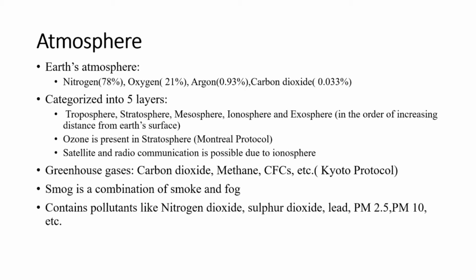Above the stratosphere lies the mesosphere, which is the middle region of the Earth's atmosphere. Above the mesosphere lies the ionosphere, another very important layer of the atmosphere, which is responsible for satellite and radio communication on the Earth's surface, as most of the ions are present here because temperature increases with increase in altitude in this region.